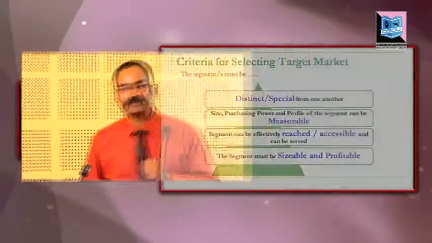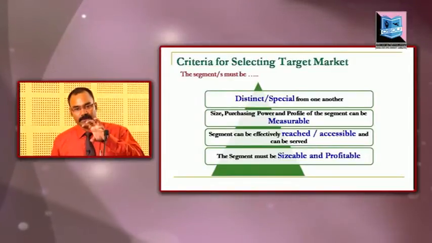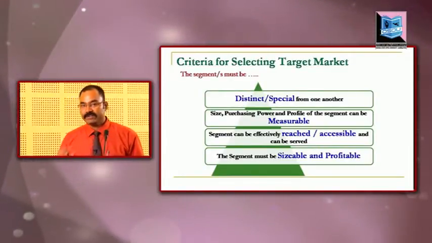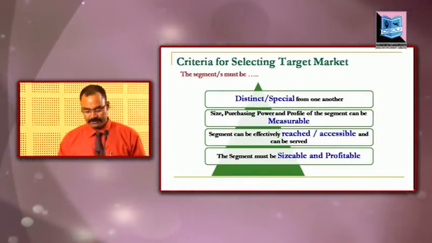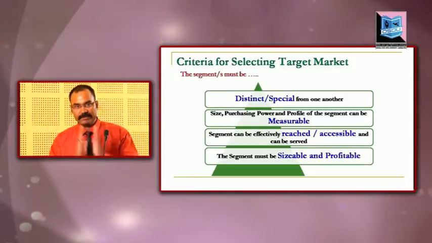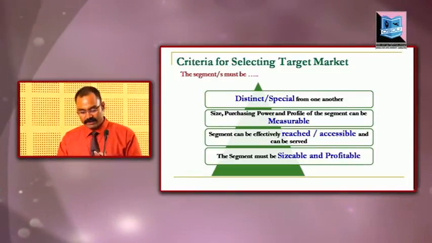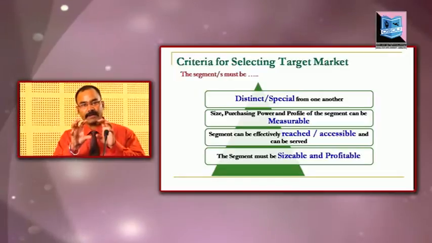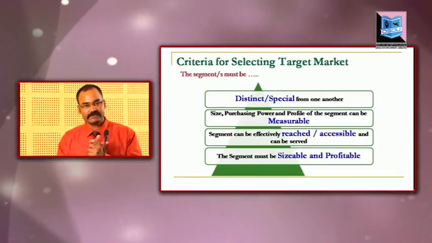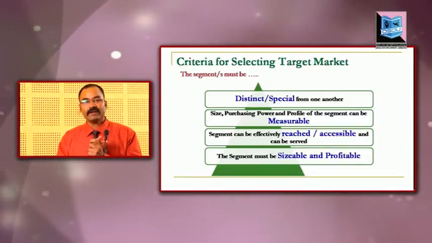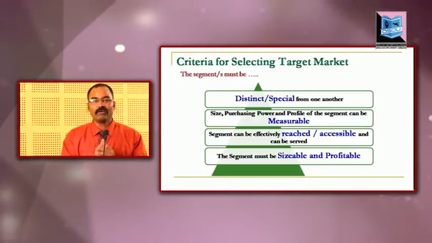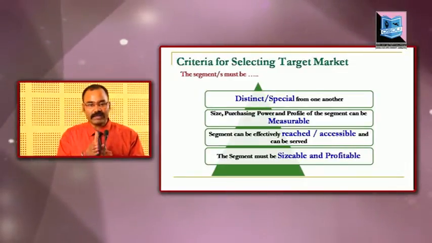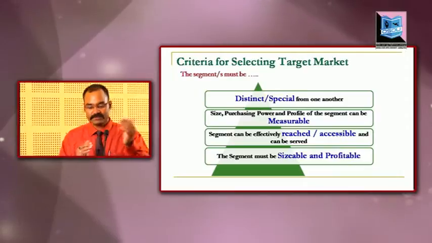So to evaluate a particular segment, the company may take more or less four major factors. One is that the segment must be distinct or special from other segments. Second, the segment must be measurable, in the sense that the company can understand their need and can access the particular segment.